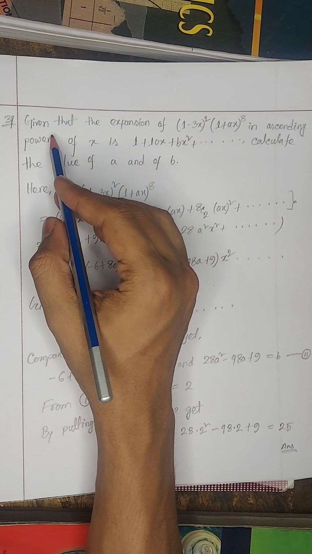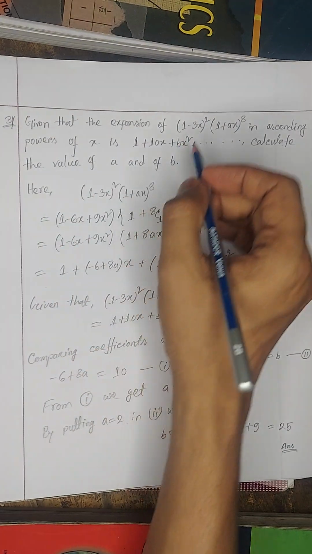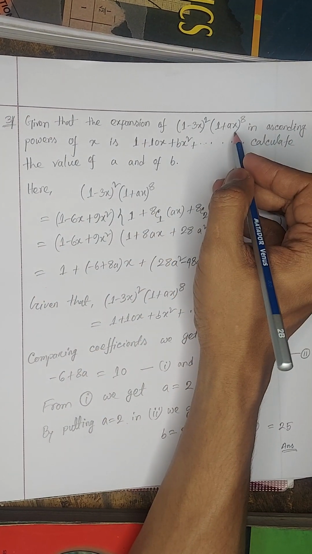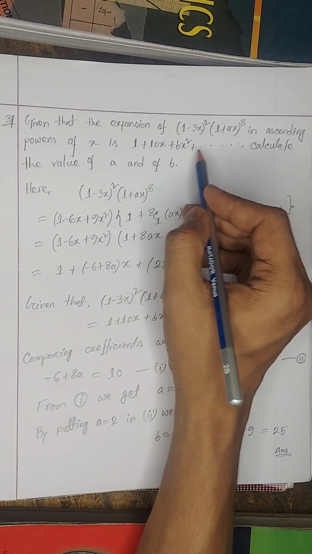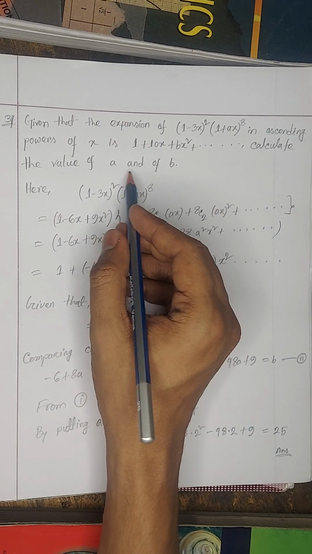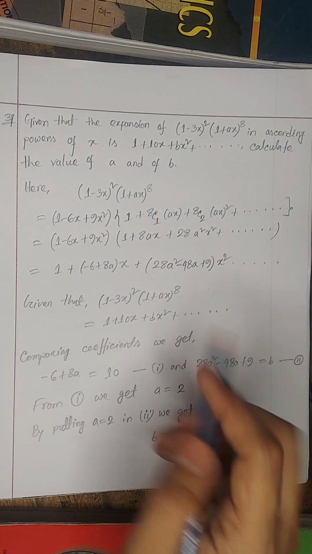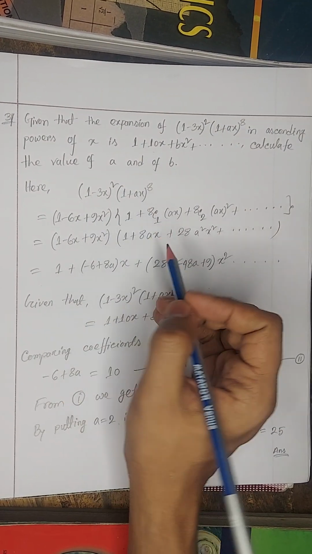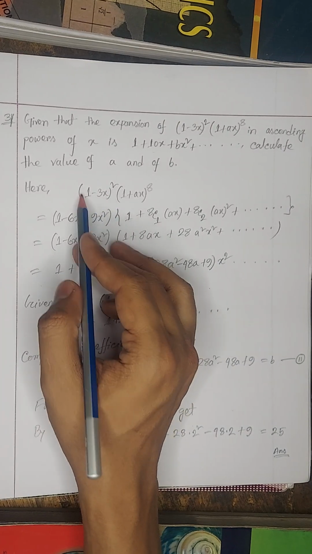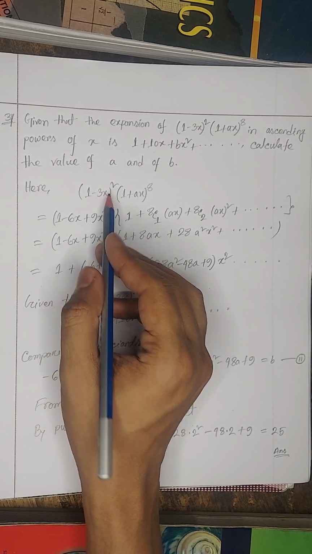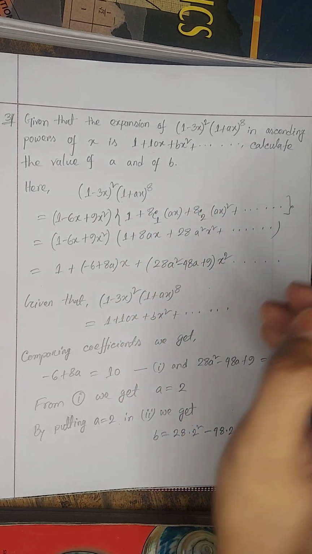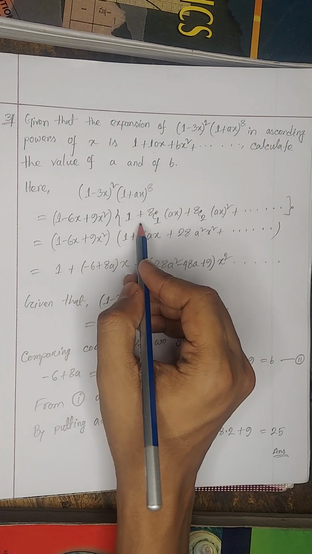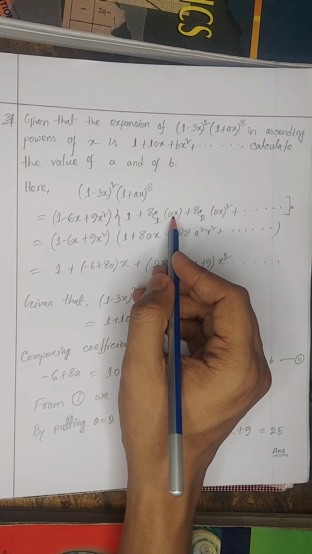Here we are given that the expansion of this expression in ascending powers of x is this expression. We have to calculate the value of a and of b. Now here if we expand these two terms, we will use the a minus b whole square formula, and we will expand this by binomial expansion, which is 8C1 ax.